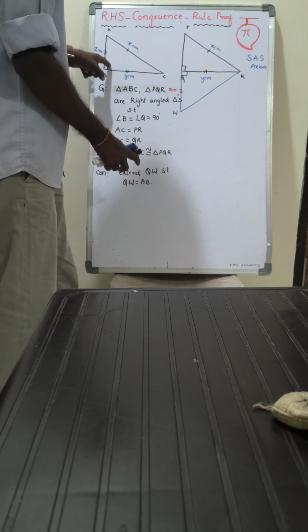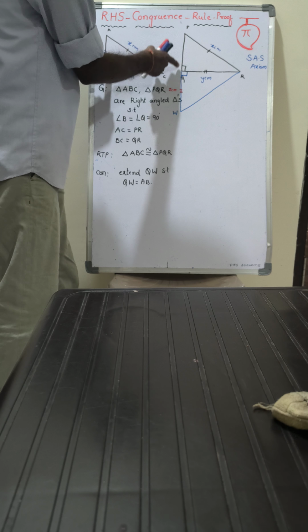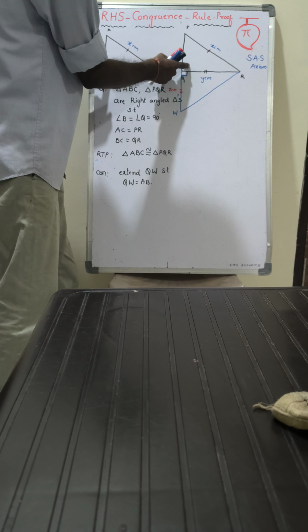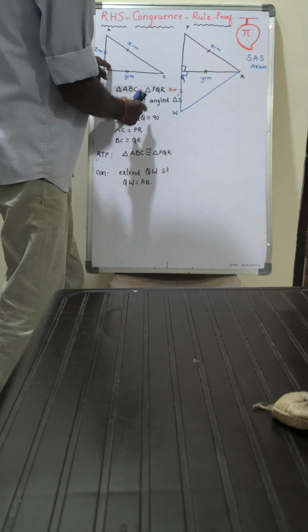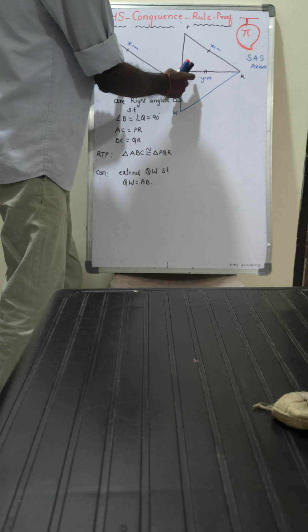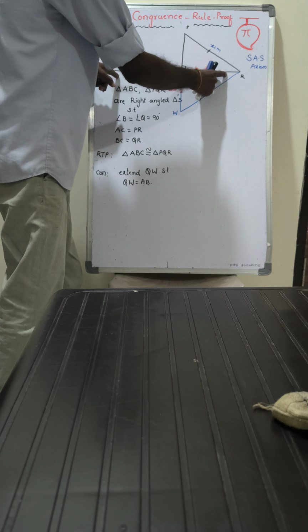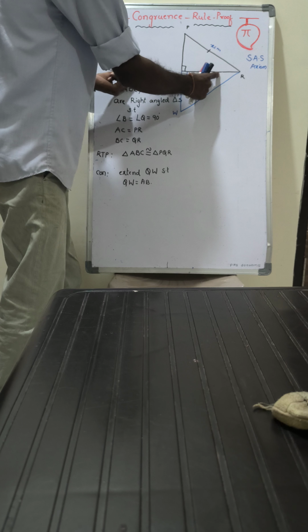Next, angle B is equal to angle Q, because both are 90 degrees; when we are extending PQ, angle PQR is already 90 degrees. We are extending a straight line, therefore here we are going to get 90 degrees. So these two angles are equal. Next, BC is equal to QR. So therefore this side and this side are also equal.